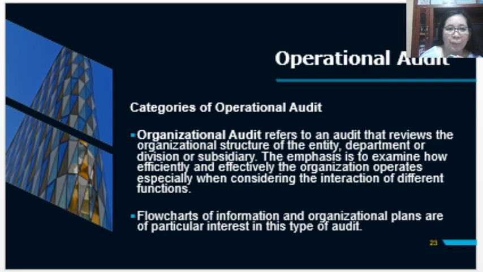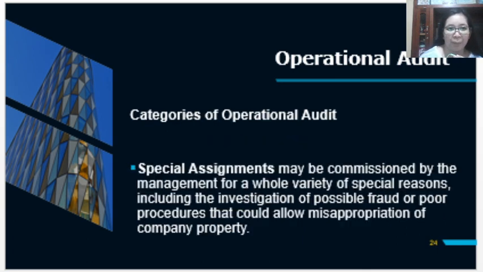So here, flow charts of information and organizational plans will be of interest to the auditor. Okay, so how they function as management, manager, board of directors, how do they do their function, as well as their interrelations or interactions with their subordinates. Okay, so that's how organizational audit is performed.